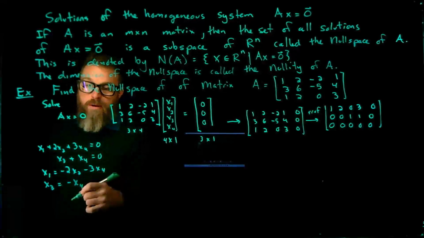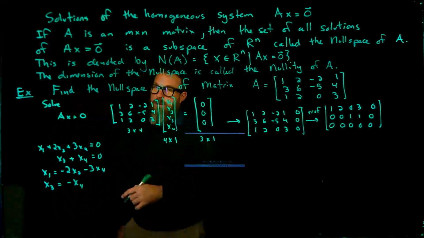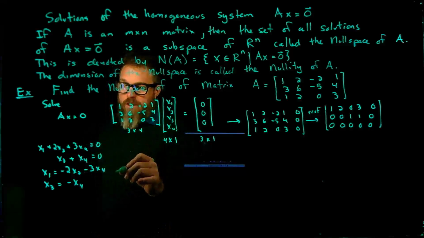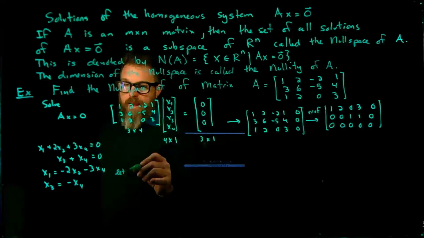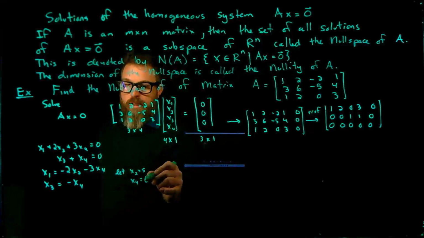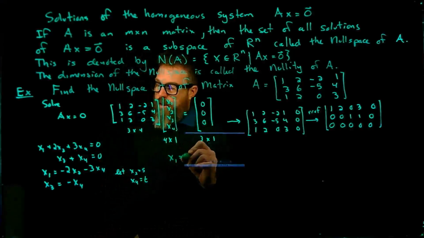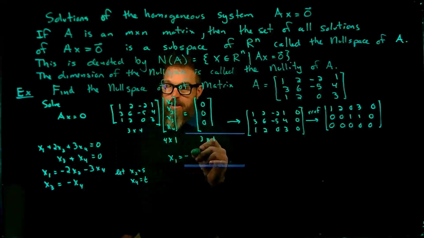I'm going to turn this into parametric solutions, so there's an infinite amount of ways of doing this. So I'm just going to do it what I consider the easiest way. I'm going to let x2 equal s and x4 equal t.